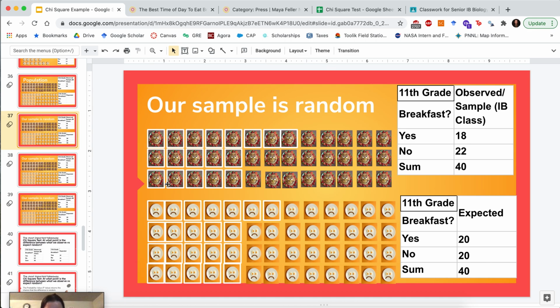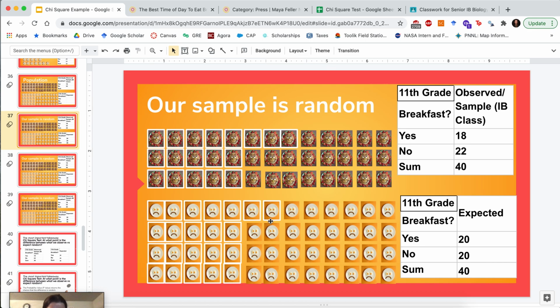And if this is what our sample looks like, just what's outlined in white, what if, say, instead of picking one of these plates, we had instead randomly picked one of these yeses.